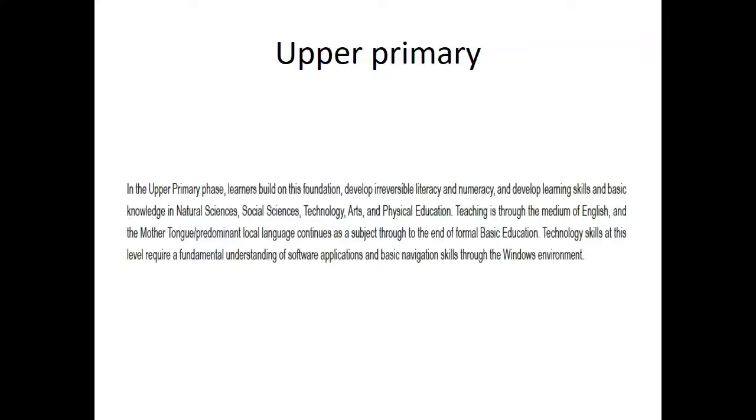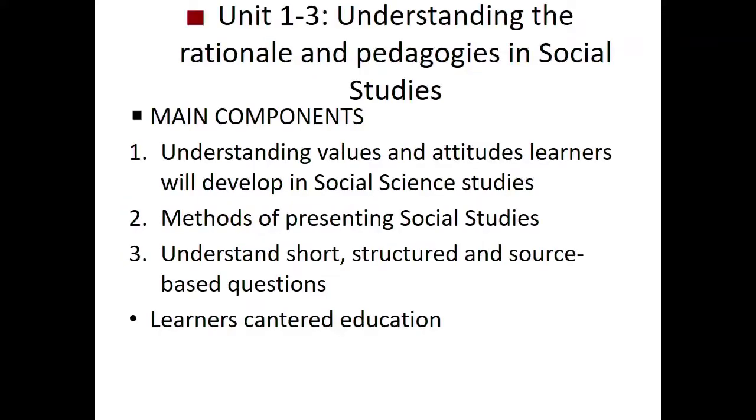So learners build on a foundation to develop irreversible literacy and numeracy, to develop learning skills, basic natural sciences, social sciences. That is where you are sitting for this module. This is where you are falling, and this is what this module is preparing you for, to know how to handle teaching at that level of education.